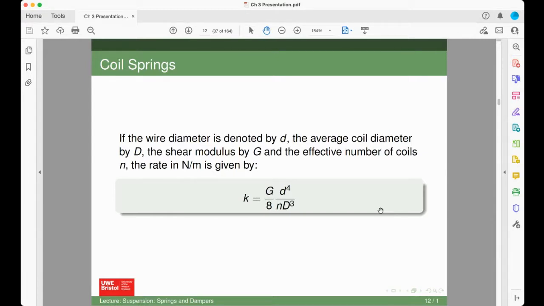Those will give you a non-straight-line value for K, depending on the deflection. So they give you progressive rates.